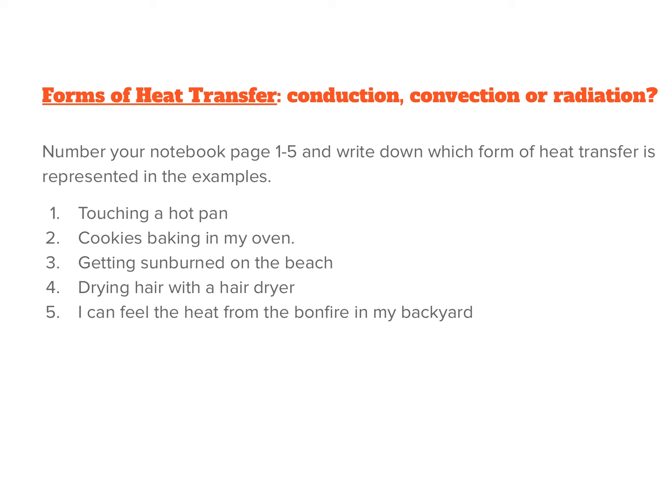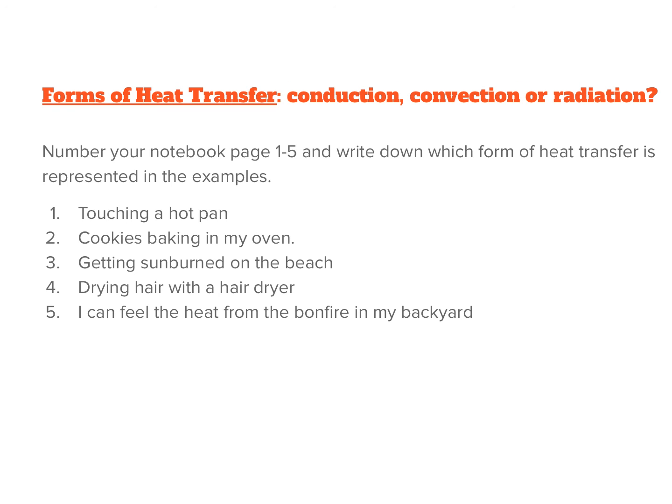All right, the last thing we're going to do is kind of like a little mini quiz. It's not, but it's just to check for your understanding and see how well you understand these three terms. What you're going to do is number your notebook page 1 through 5 and write down which form of heat transfer is represented in the examples.